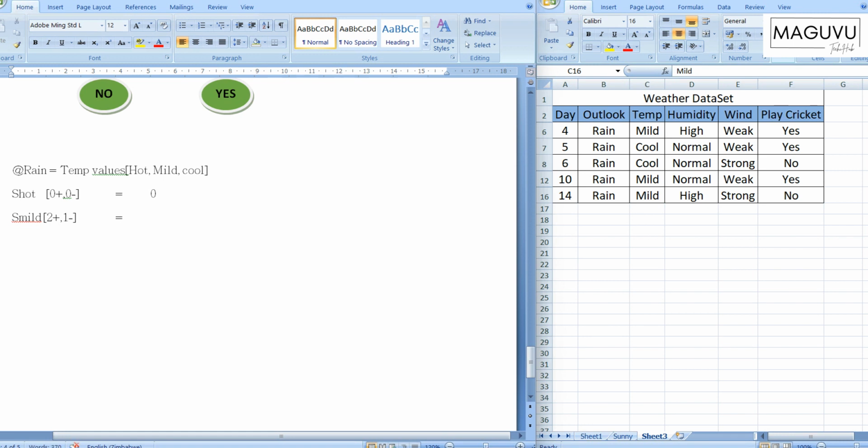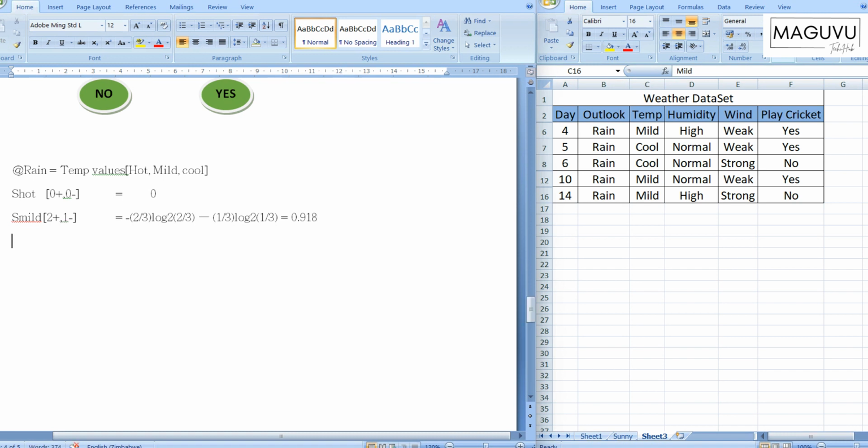This gives us, as we calculate, negative 2 divided by 3 log base 2 of 2 divided by 3, minus 1 divided by 3 log base 2 of 1 divided by 3, to give us a value of 0.918.